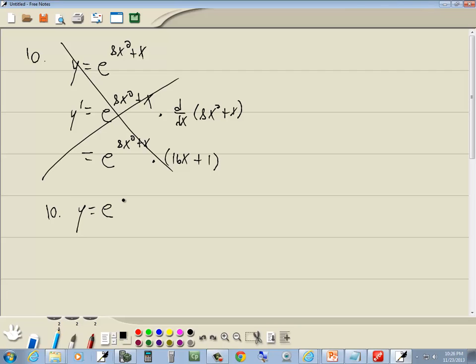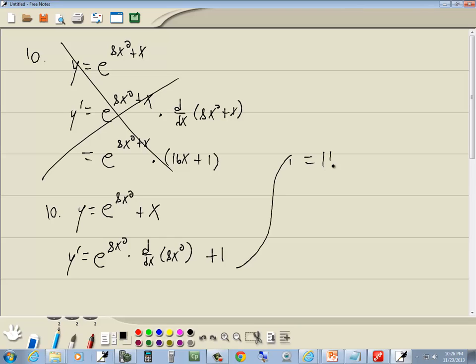Y is equal to e to the 8x squared, plus x is down here. Okay, so the derivative of e to the power is e to the power, doesn't change, times the derivative of the power. And derivative of x is 1. So derivative of 8x squared is 16x, so that's going to be 16x e to the 8x squared plus 1.